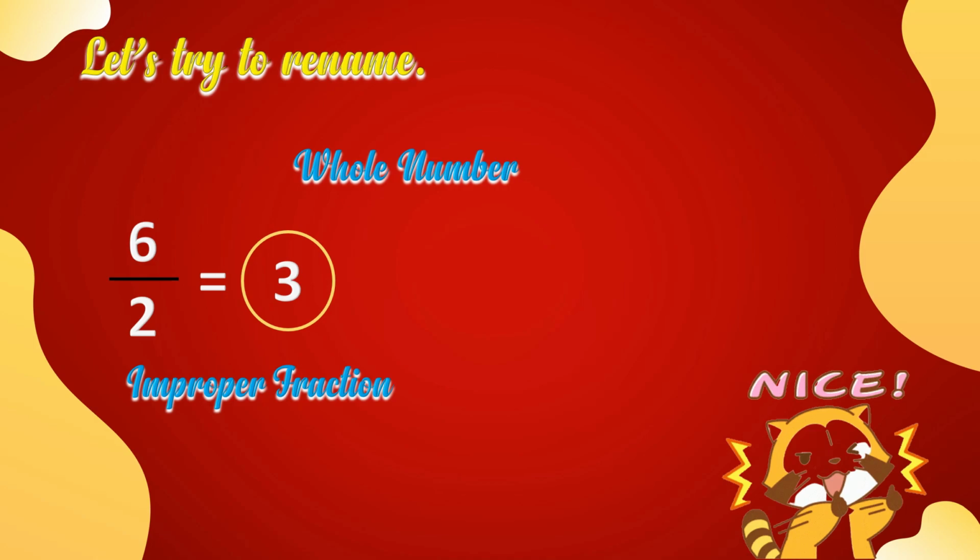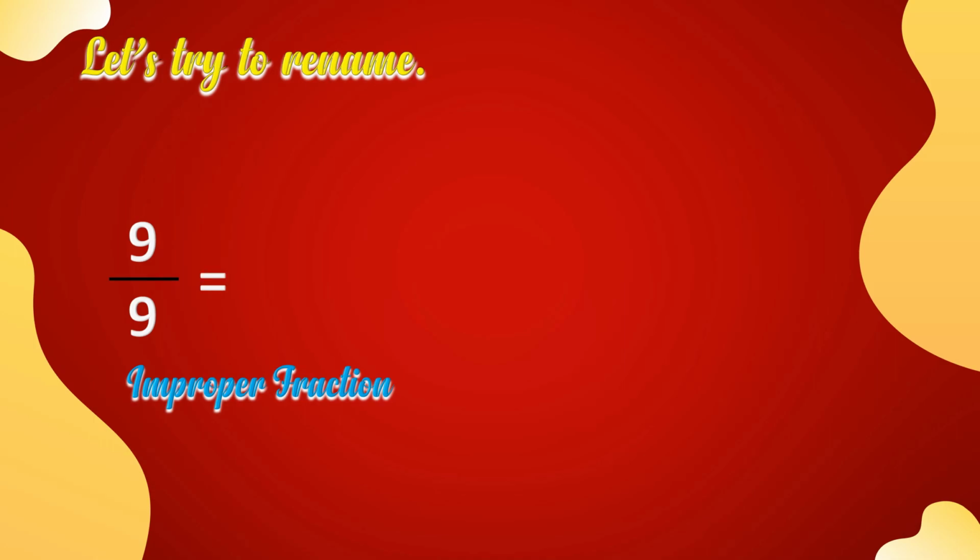Bakit hindi natin nilagay ay 3/1? Pwede naman, di ba? Pero mali. Kasi, ang tama ay 3. Kapag gusto lang natin gawing fraction yung 3, yung whole number, yon lalagyan natin siya ng 1 sa ilalim as the denominator, 3/1. Okay? So, very good.